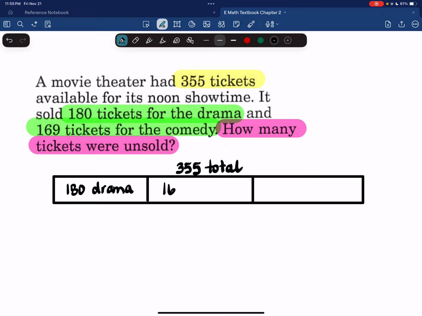We have 169 for comedy. And then we have an amount that were unsold. That is the unknown. That's the thing we're looking for right there. We know the total, we know the drama, and we know the comedy.